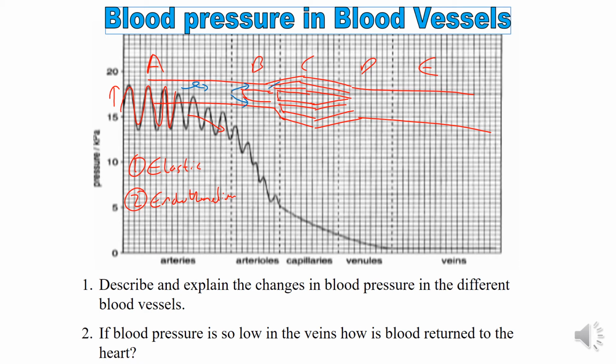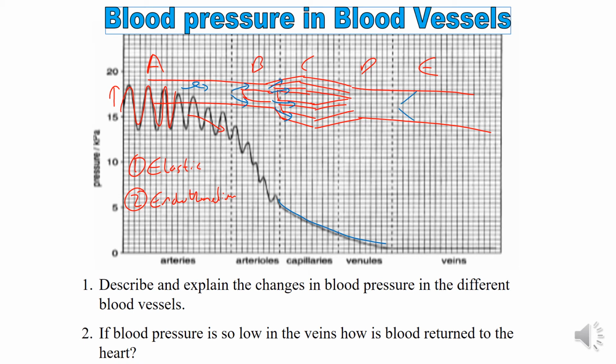Now when you get to the arterioles, there's an increased cross-section and an increased friction with all the different walls of the arterioles, and again the same happens, so you get all this extra friction with all the extra walls and the narrowness of the capillaries, which lowers the pressure right down because the capillaries are very, very narrow.